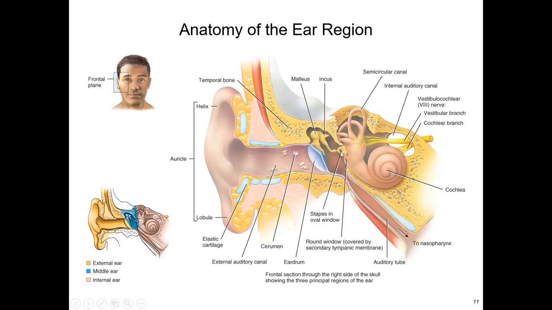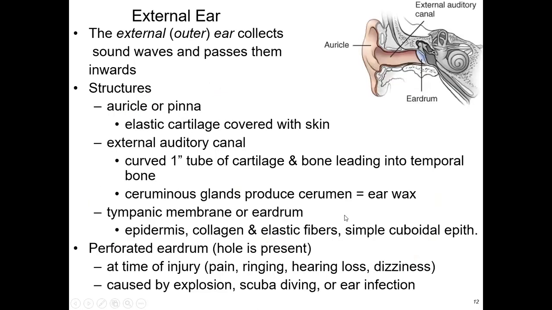This is the second region. And here, again, the third region, the inner ear. We are seeing roughly the same picture on our lab model as well. So we'll be taking one region at a time, and let's start with the external ear.